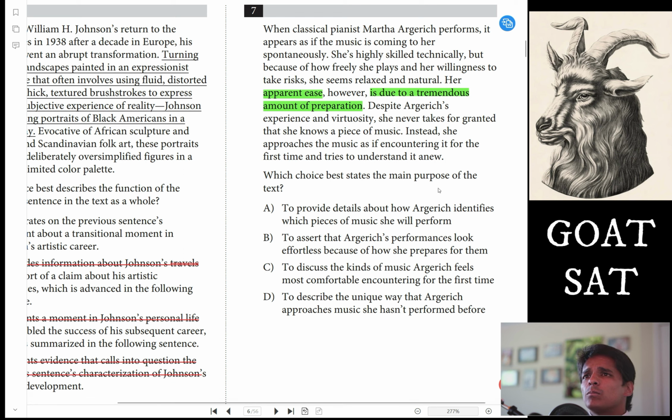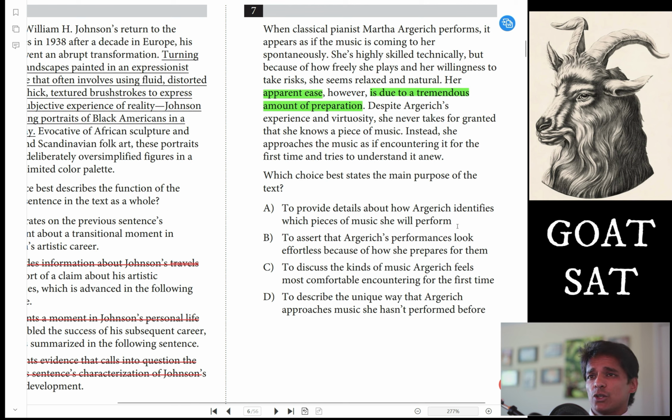Okay, so main purpose of the text is a little different than main idea. Main idea, you're going to be summarizing the information. The main purpose is something more akin to what or how the writer is trying to tell something to the audience. You can go through and read this. This one's more about holding on to the details, and the answer ends up being pretty straightforward once you find those details.